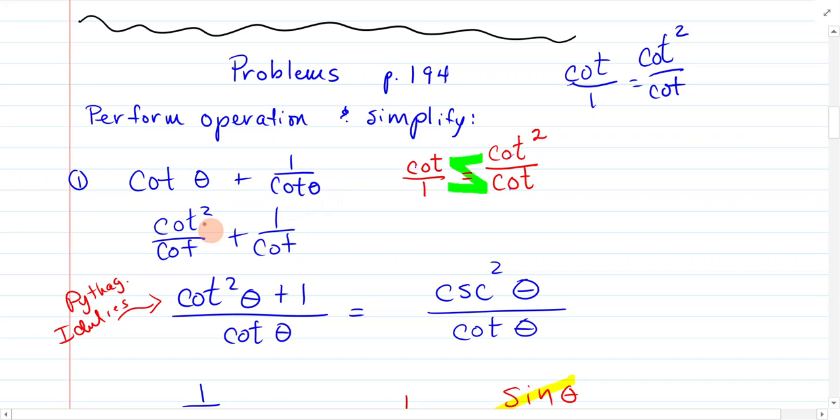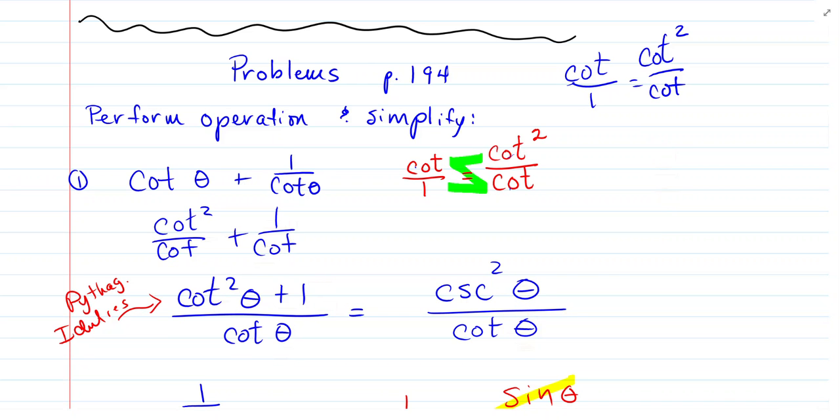So then we have cotan squared over cotan plus 1 over cotan. Pythagorean theorem, when we put these two together, we have cotan squared theta plus 1 over cotan theta. This is equal to cosecant squared theta over cotan theta.